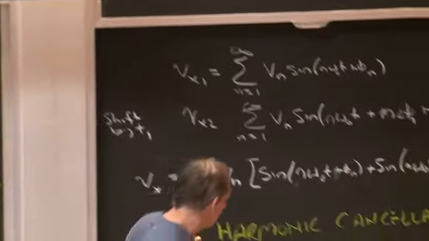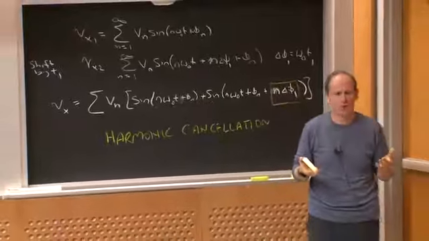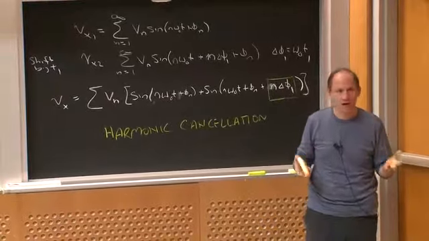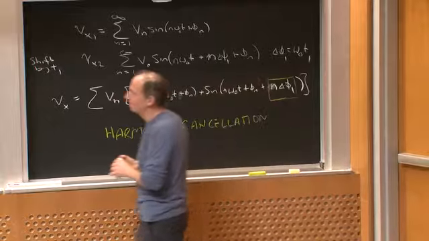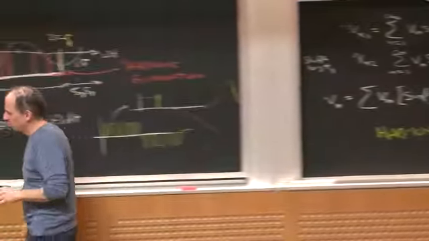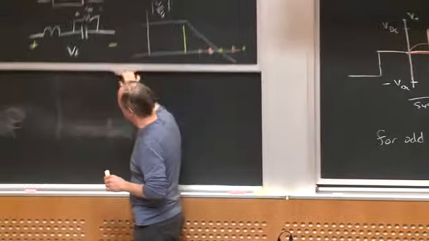Let me point out that this cancellation notion is a very widespread one. It gets used in a lot of kinds of circuits. Let me show you another one in a completely different application space.